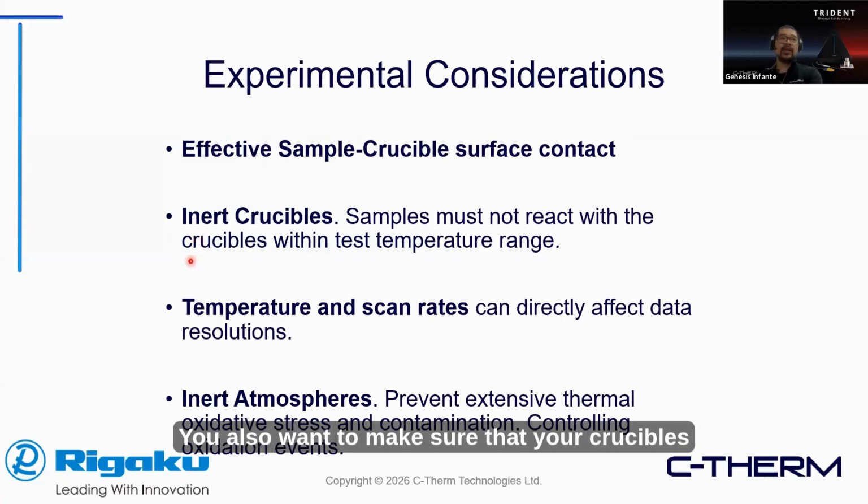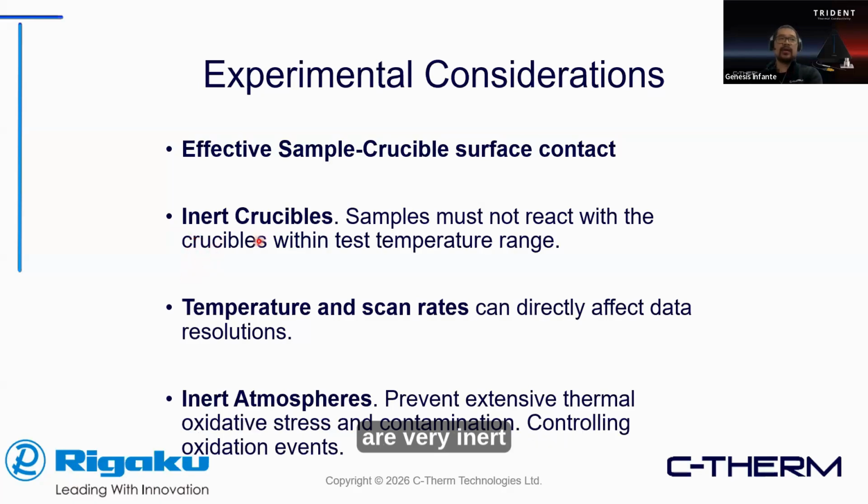You also want to make sure that your crucibles are very inert compared to your sample, so that any thermal event happening is not because of your sample reacting with your crucible, but because of the sample itself.